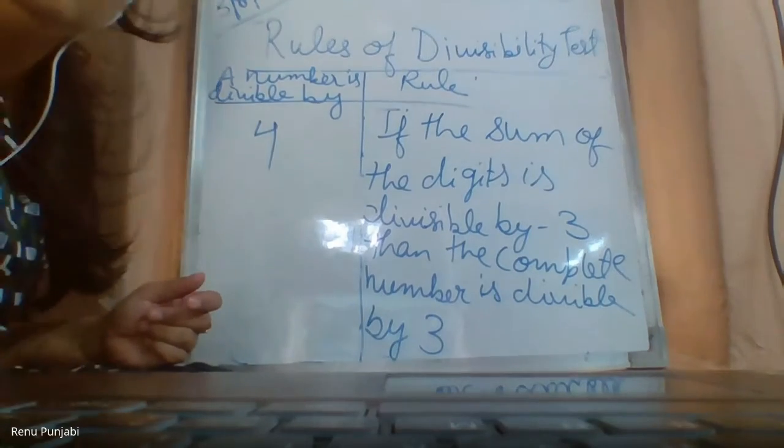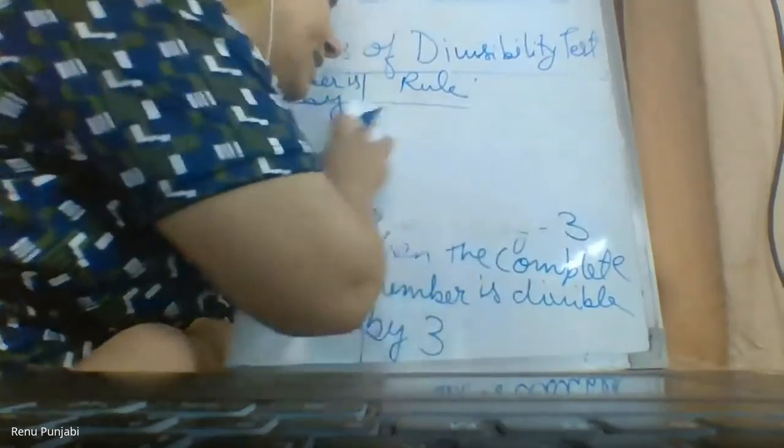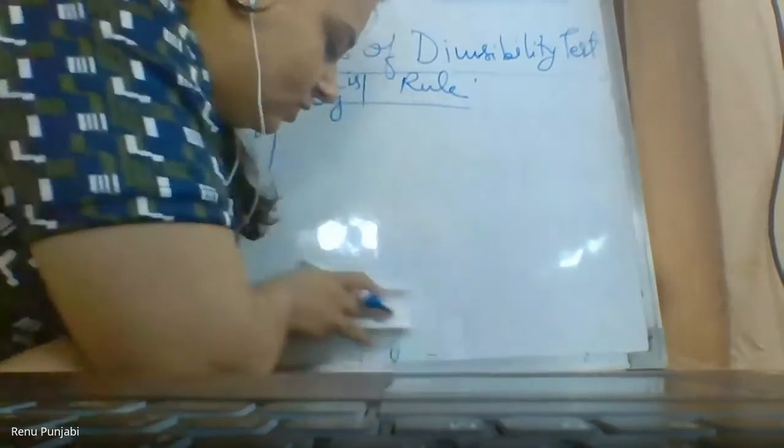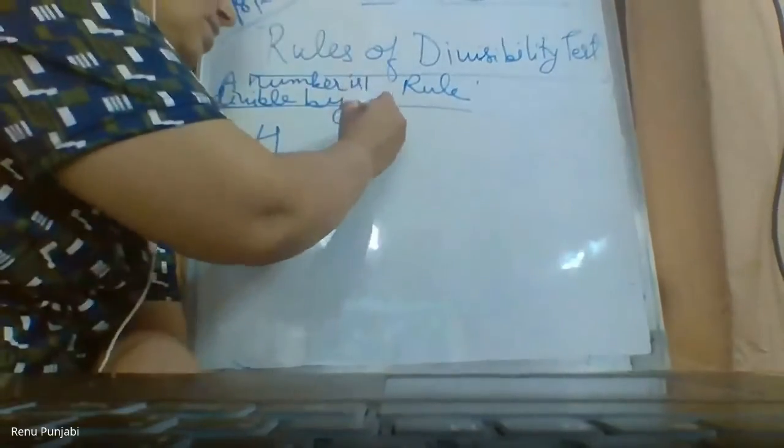Okay. Yes, Dhyan Dalal, ask your query. Ma'am, what you have written after the number is divisible by 3. Divisible. Okay. So now write the rule for the divisibility of 4. Ma'am, till what number are we going to write today?